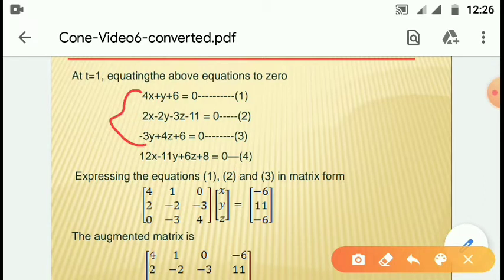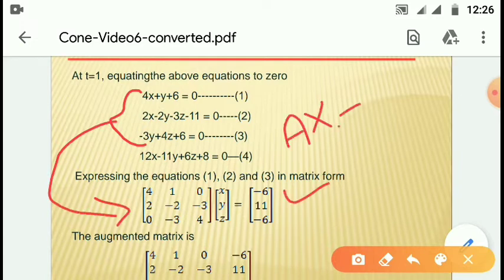and converting these three equations into matrix form, we will get like this. This is the matrix form, actually AX is equal to D. Here A is called the coefficient matrix, X is called the variable matrix, and D is called the constant matrix. Here the x coefficient is 4, the y coefficient is 1, and there is no z term, so the z coefficient is 0, and the constant is minus 6.